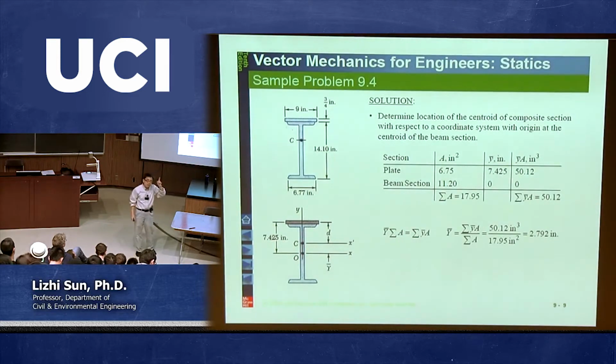But let me ask you, what is the x component of this point C? That's x bar, and that's equal to 0, because it passes through the y-axis. Okay? Anybody have other questions?